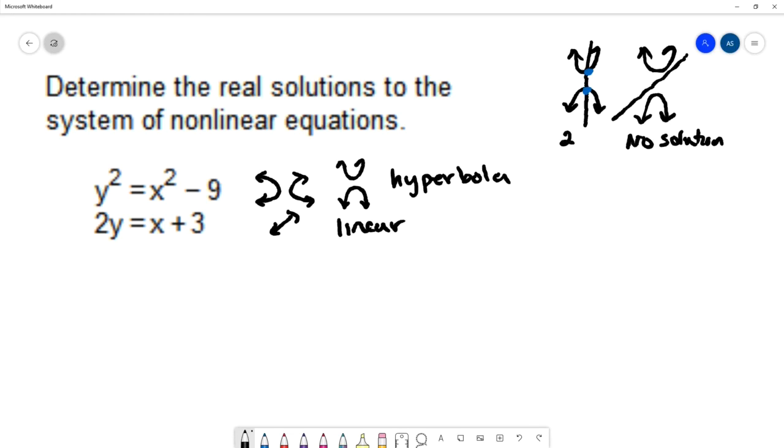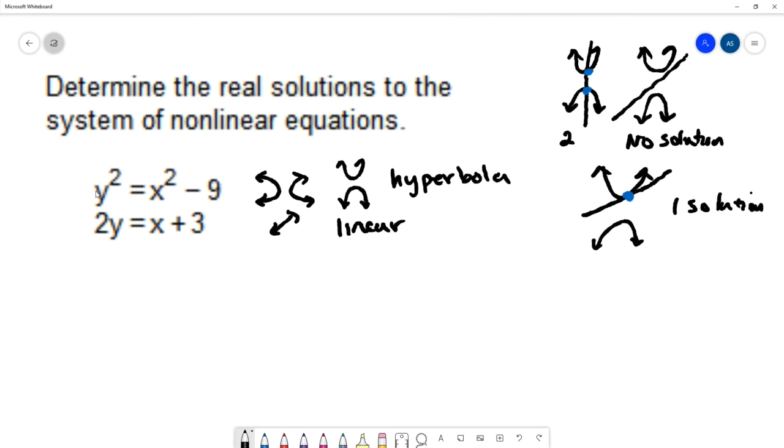And so this is two solutions, and you can draw the line so that it is tangent to the hyperbola. And that would be just one solution. Okay, there might be other ways to draw it, but these are the ones that come to mind initially. So we could have two solutions, one solution, or no solution for this type of system.